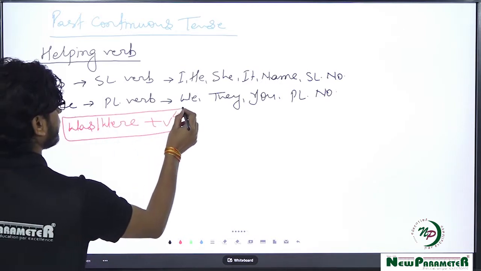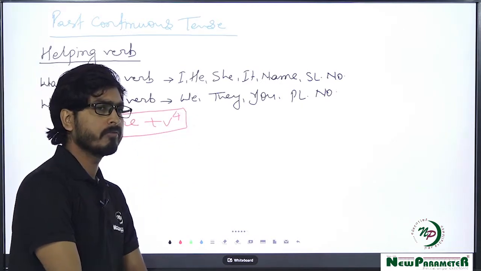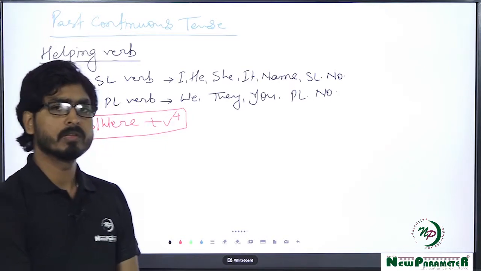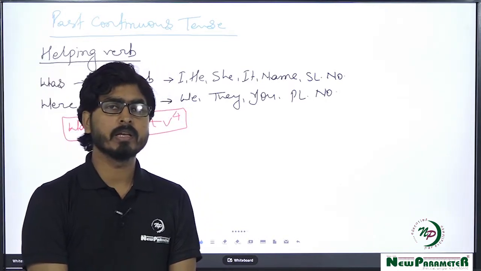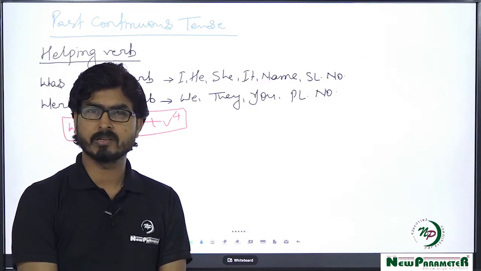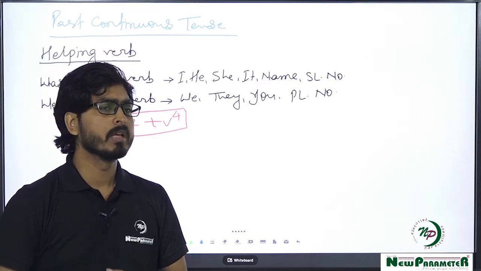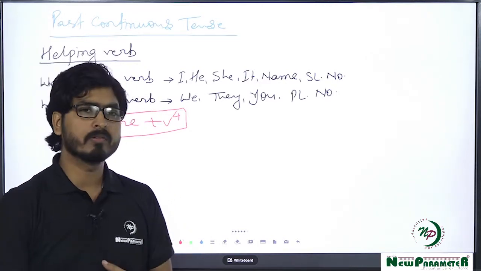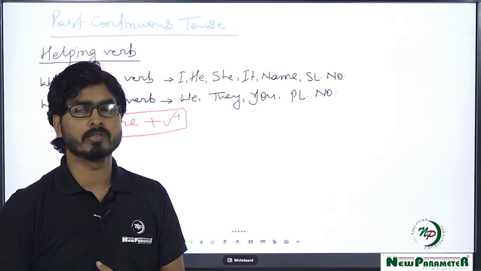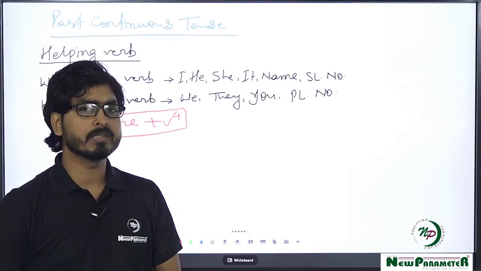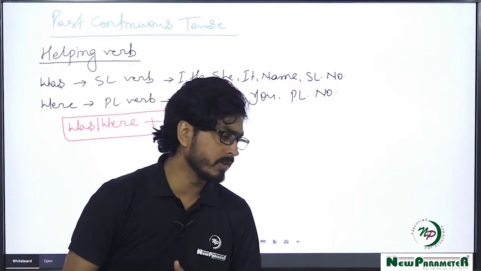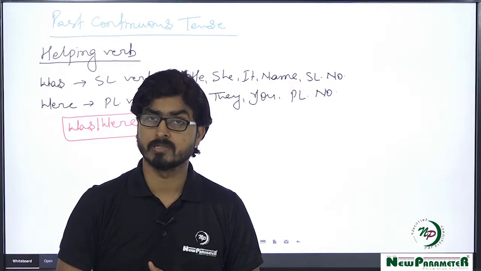V4 means what? The ing form. But what this tense tells you, it is once again very easy, and directly questions are generally not asked from this tense, because this is considered a very easy tense, you can say. We'll compare this tense with the present continuous tense.